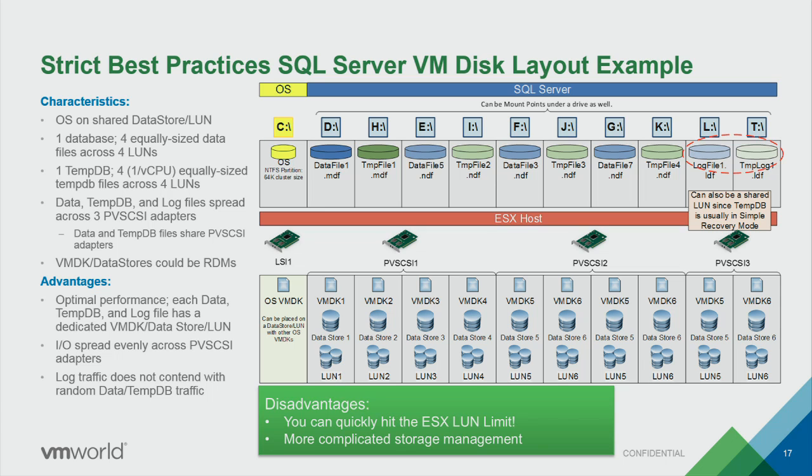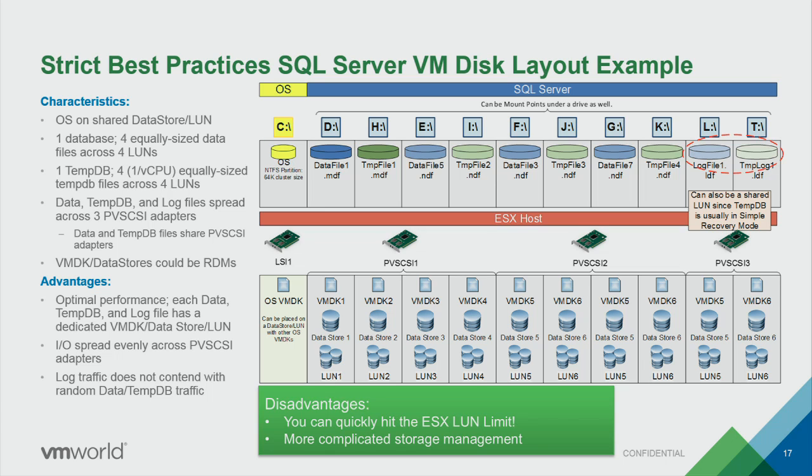Notice the C drive VMDK may be put on a shared LUN with other OS VMDKs, and we're just using a standard LSI Logic vSCSI adapter. I want to point out here that we're also mapping out how we're using the vSCSI adapters as we lay out these LUNs. We have a maximum of 4 per VM.